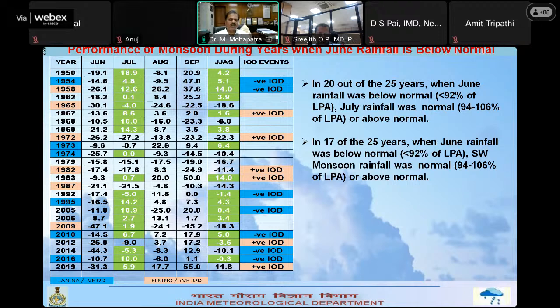I'm not looking at the model now. Statistics says that 17 out of 25, that means there is a 68% chance that the seasonal rainfall will be normal or above normal, looking at the realized rainfall in June.